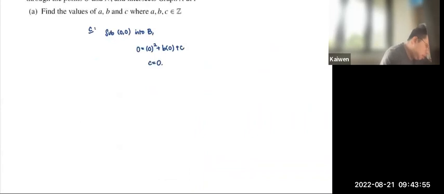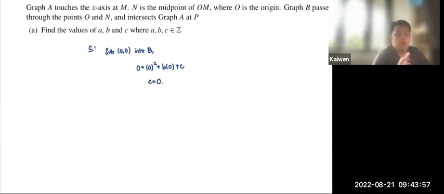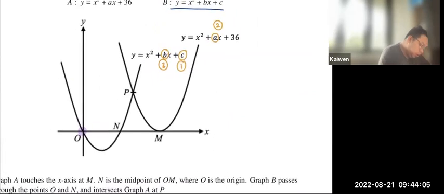The next step after this is to search out for a. And this a value is a little bit more challenging to find because this method requires a little bit of thinking to get it out. So first thing, take note that we have the x-axis down here, and this curve cuts the axis at one point. So you need to think of the chapter that helps you deal with cutting a curve at exactly one point.